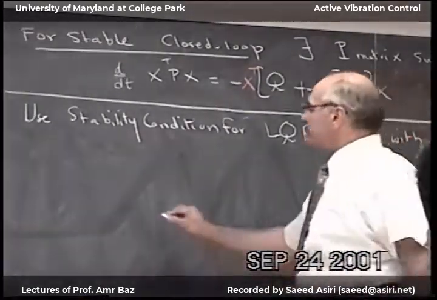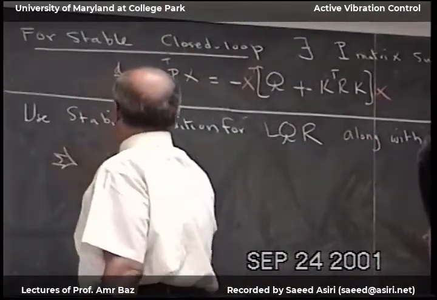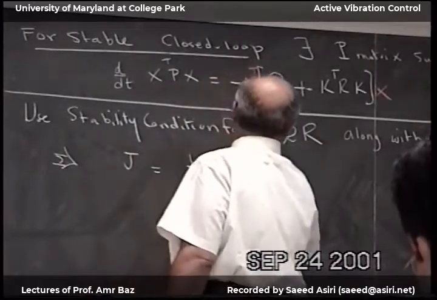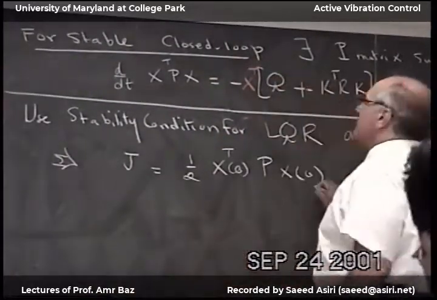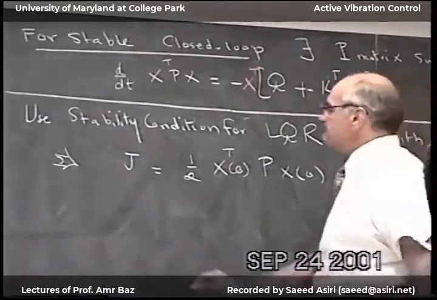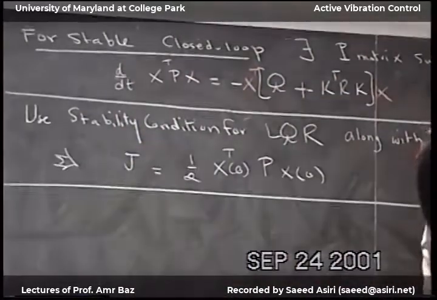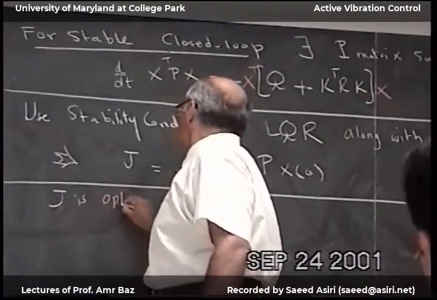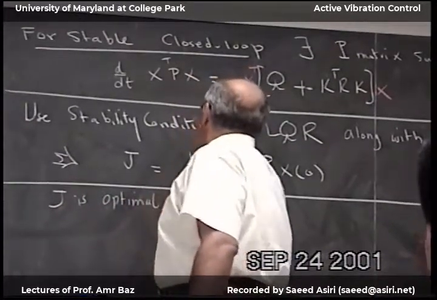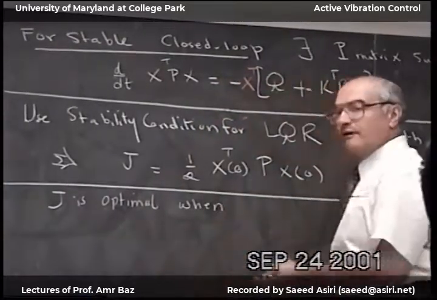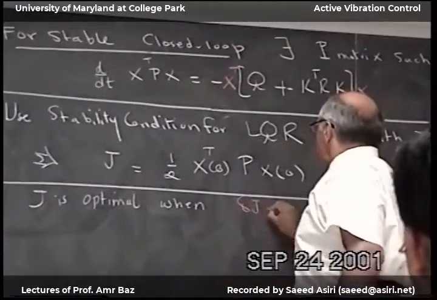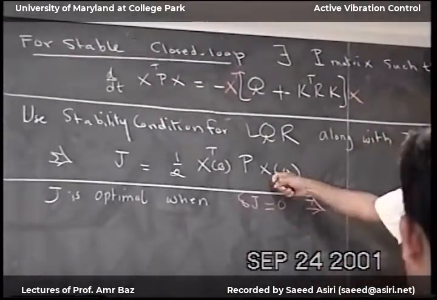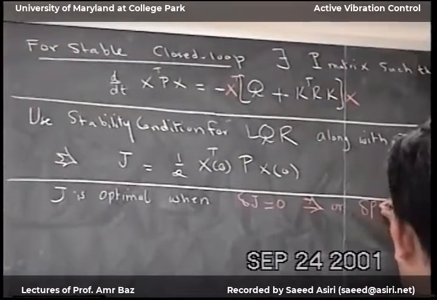Then this gives us J is equal to 1/2 x naught transpose P x naught, and J is optimal when the variation del J is equal to 0, or this is equivalent to del P is also equal to 0.